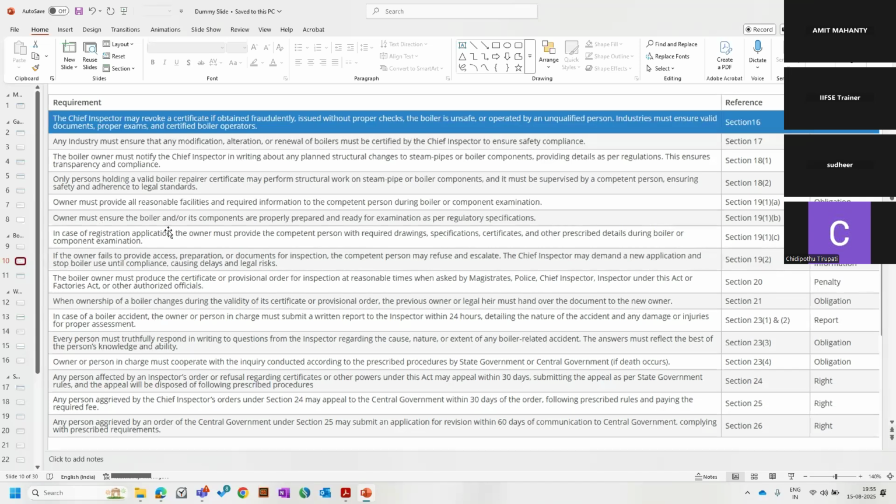The owner must ensure that the boiler and its components are properly prepared and ready for examination as per the regulatory specifications. The boiler has to be prepared, and also the documentation has to be kept readily available.